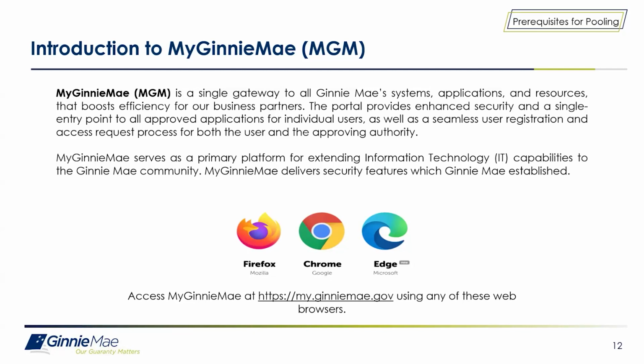established. So of course, to use my GenMay MGM, you have to be able to use one of these browsers: Firefox, Chrome, or Edge. And of course, everybody should know how to access my GenMay. It's my.genmay.gov. So that's the browser there.